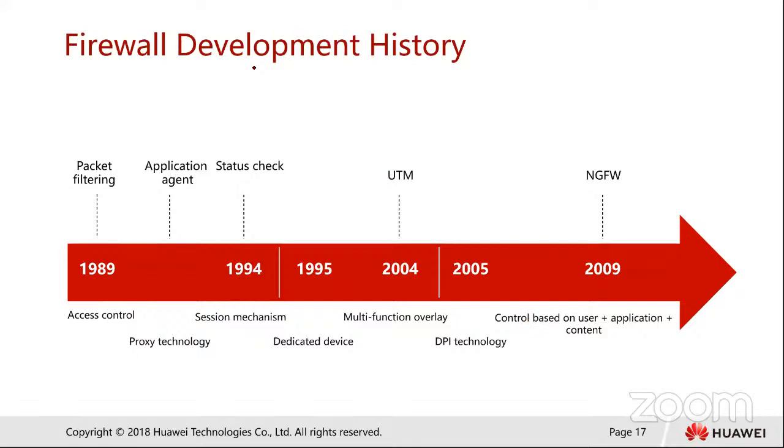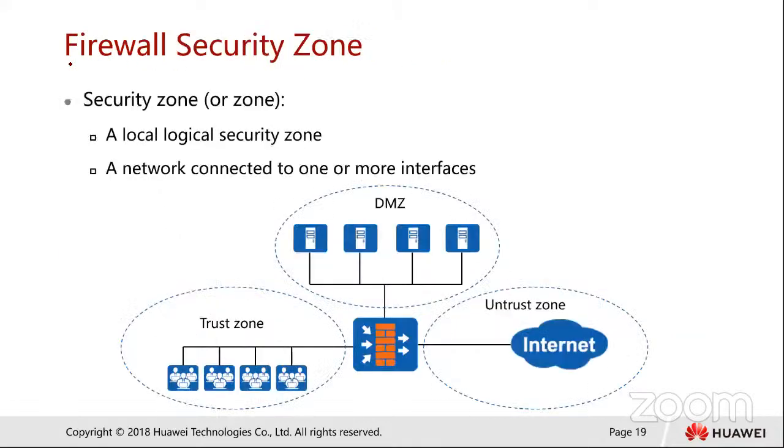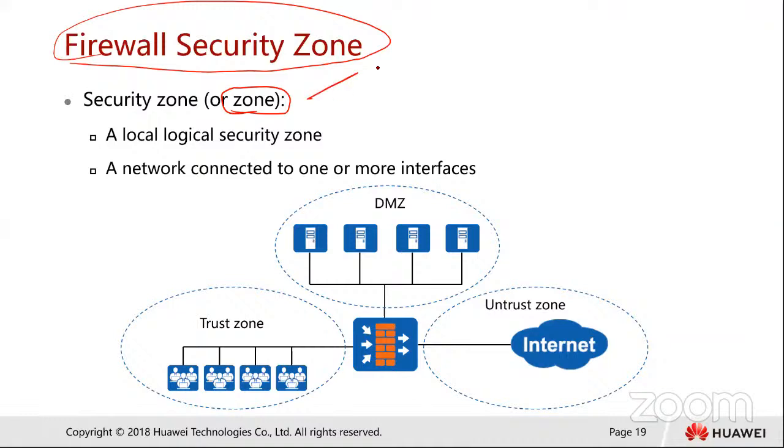We have different firewall security zones, and we want to look at some of them. A security zone, sometimes we just call it a zone, is a logical security zone, and we have a network connected to one or more interfaces. Security zones have functions. They help us apply security policies.